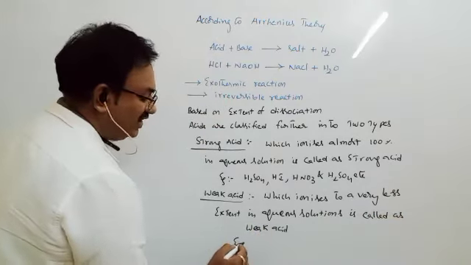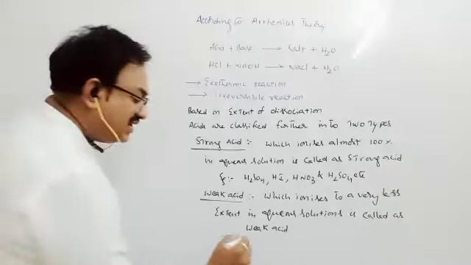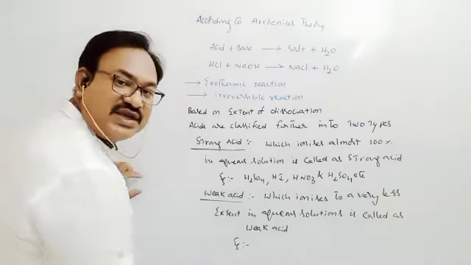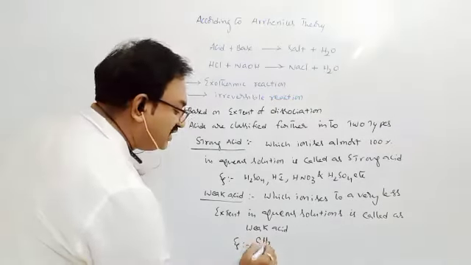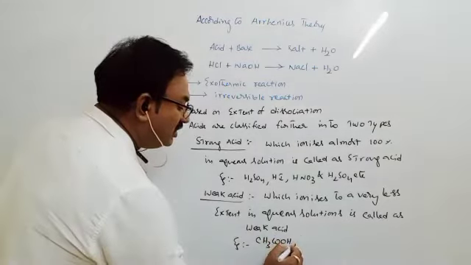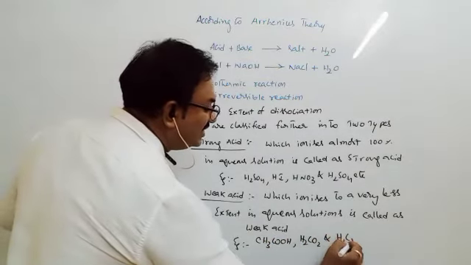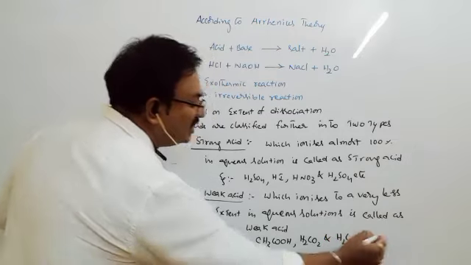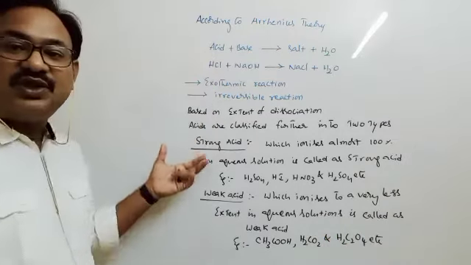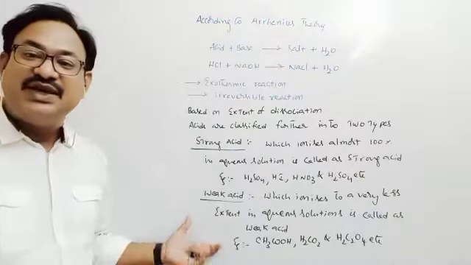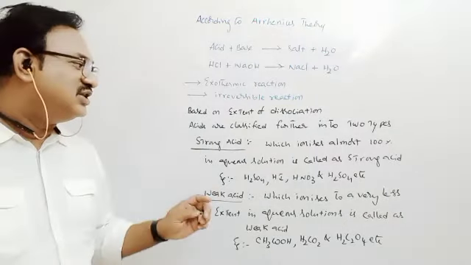For example, acetic acid CH3COOH, carbonic acid H2CO3, and oxalic acid H2C2O4, etc. So, these are strong acids and weak acids as per extent of dissociation.